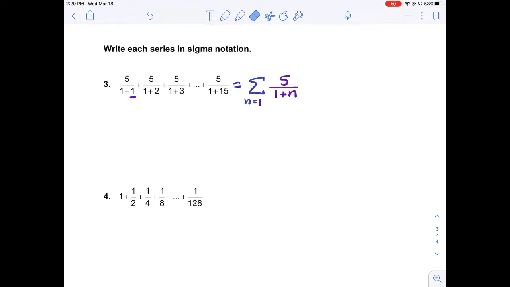And then where do we stop? If I started at 1, well then what would I need to plug in to get a 15 on top? That would be a 15. So we would go all the way from n is equal to 1, all the way up to the 15th term. And this is the sigma notation version of that expanded series that they gave us here. All right, let's look at another example.